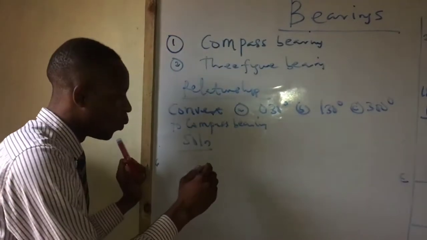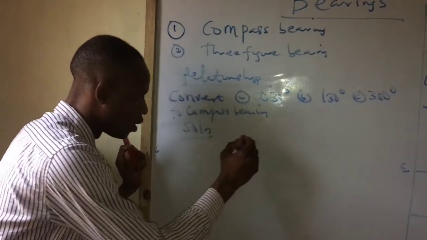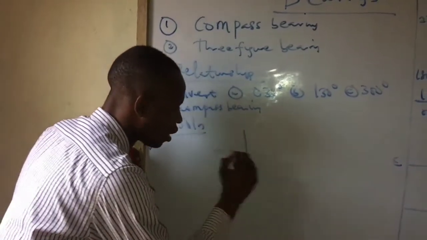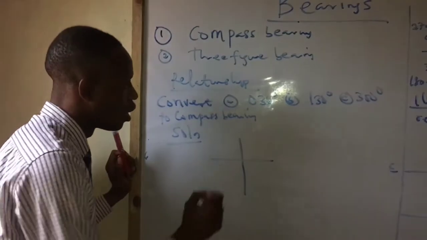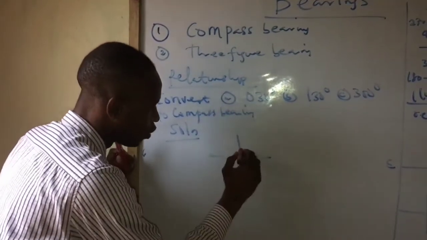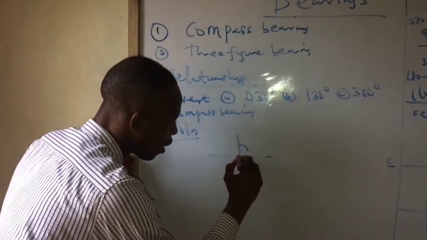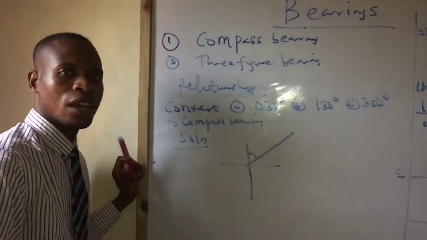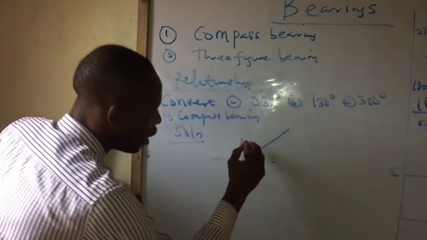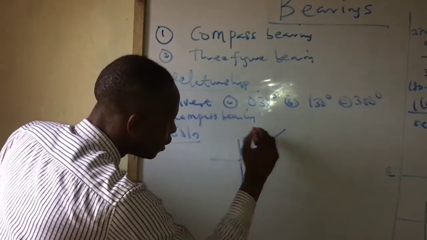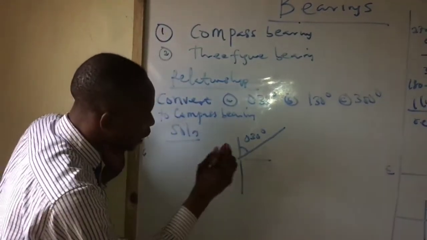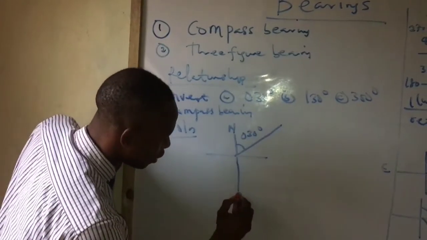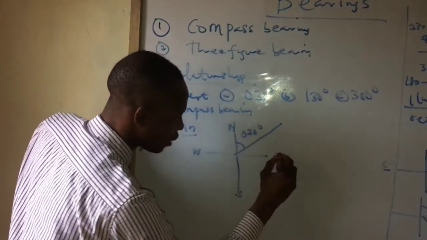Now we have, okay, this is 30. So from here we have this. Are we following? So 030 degrees. Now don't forget that for a compass bearing you have the north, south, west, and the what?